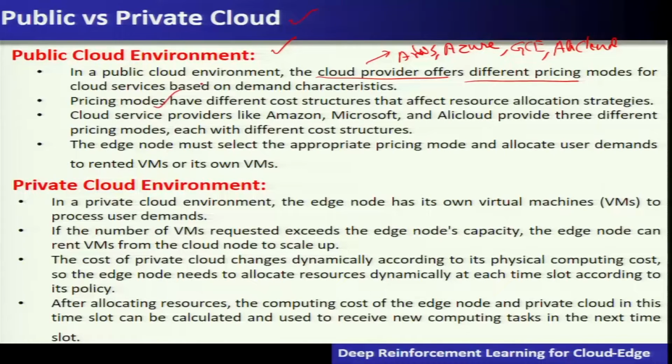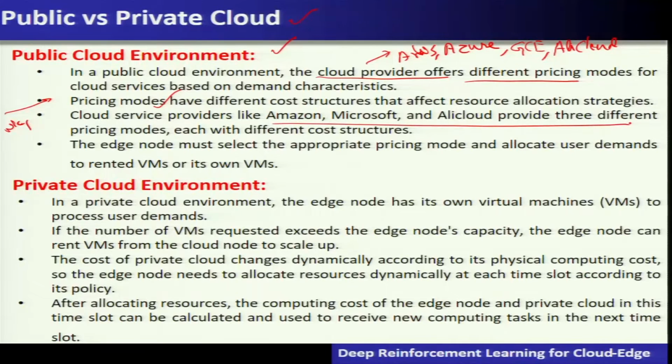Pricing modes have different cost structures that affect the resource allocation strategies. We are going to see how to incorporate multiple pricing modes. We will use a simplified model, but nevertheless cloud providers offer different types of cost or pricing models, which can be extended as the general case without loss of generality in this particular use case.